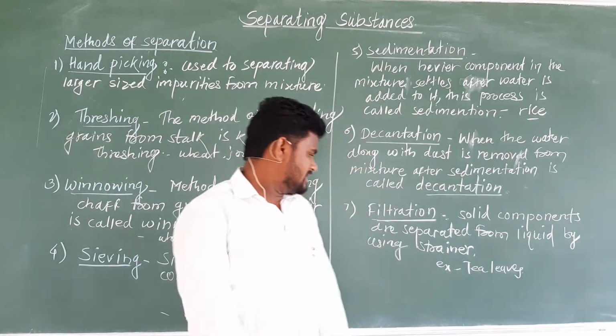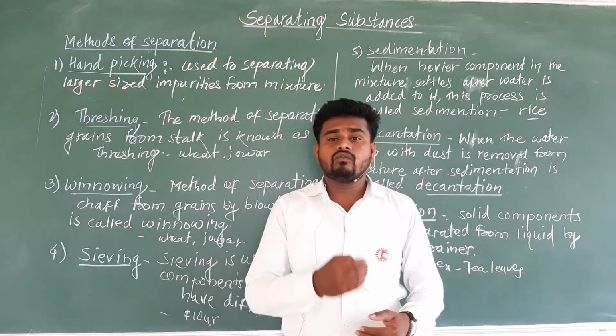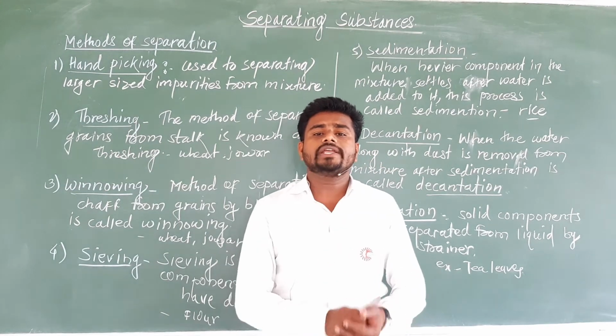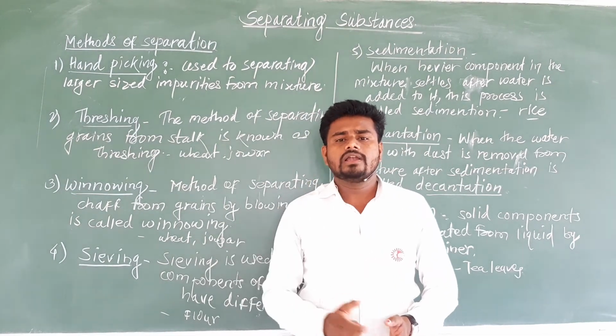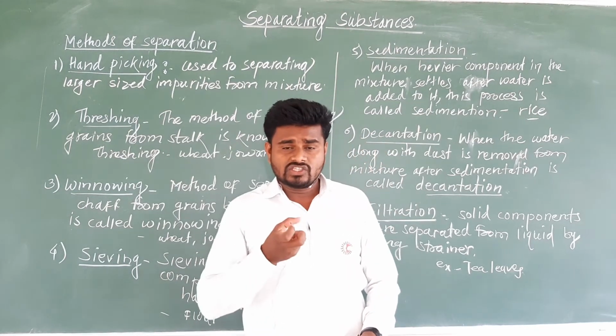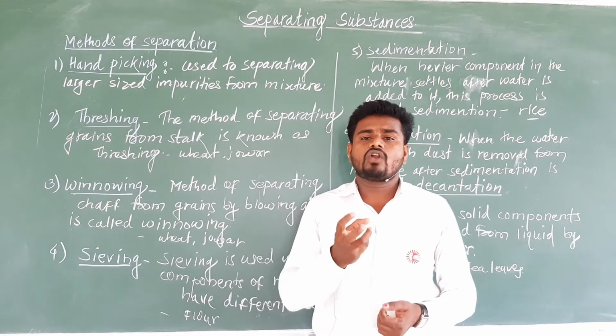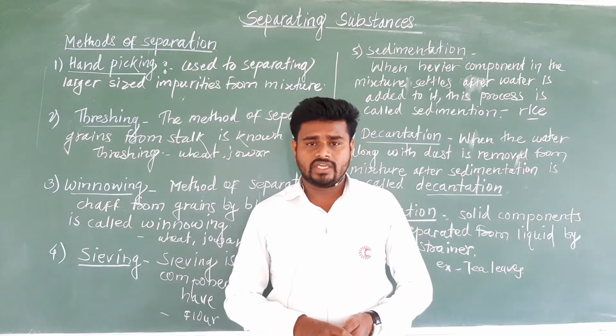Okay students, then the next method is filtration. Now how to separate solid substances from liquid substances? You may have seen our mother strain the unnecessary tea leaves from the tea after cooking it.